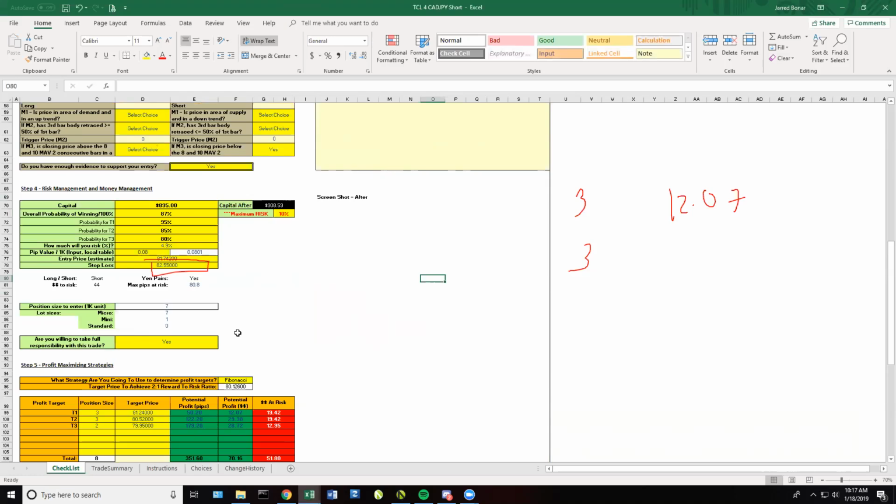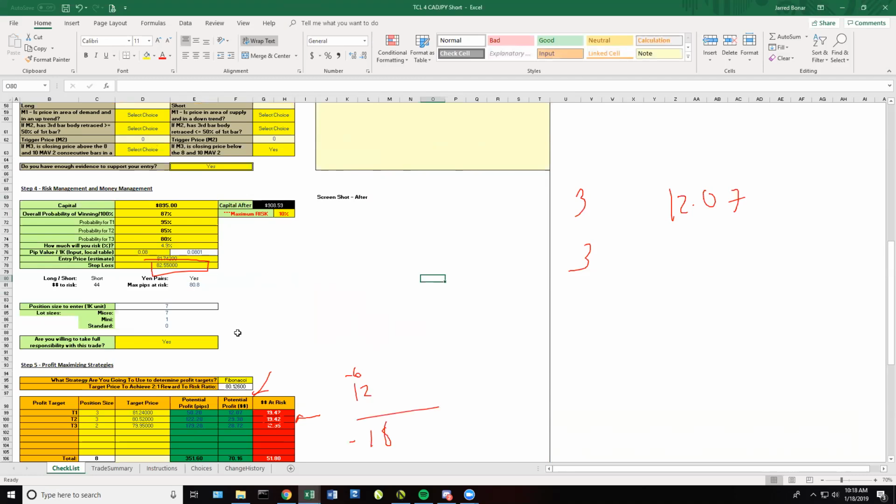That's 80 pips, so you're risking $19.42 right there to gain $12.07. So now you're down $6 plus the other 12 stop too, so you're down $18, right?